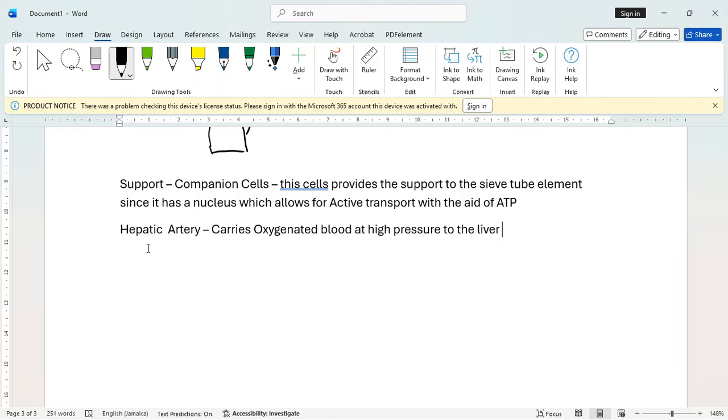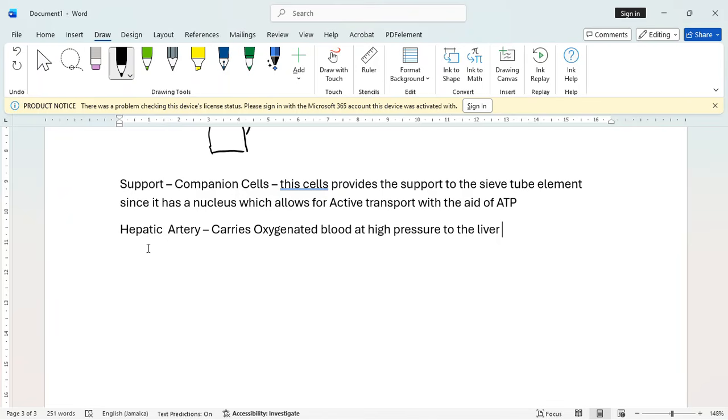So it's done at high pressure. Why is it carried at high pressure? Where is this blood leaving from?